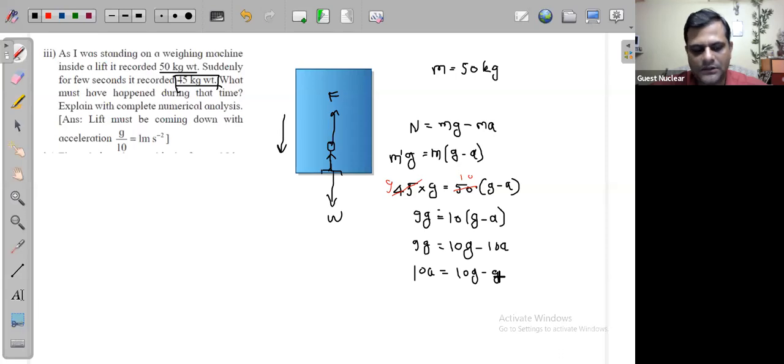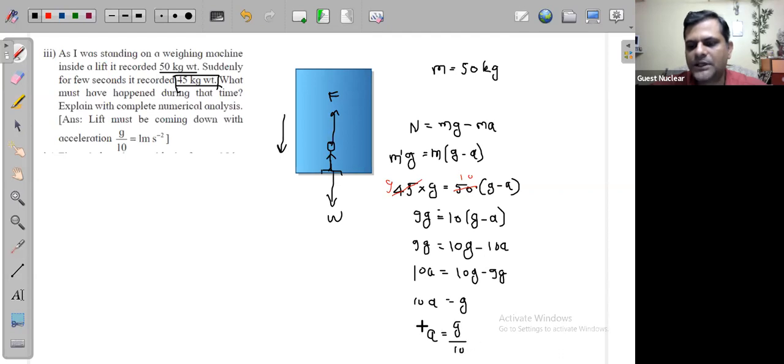So this is minus 9g. So 10a happens to be simply 10g minus 9g, that is 1g, and hence the acceleration a of the lift is going to be g by 10.